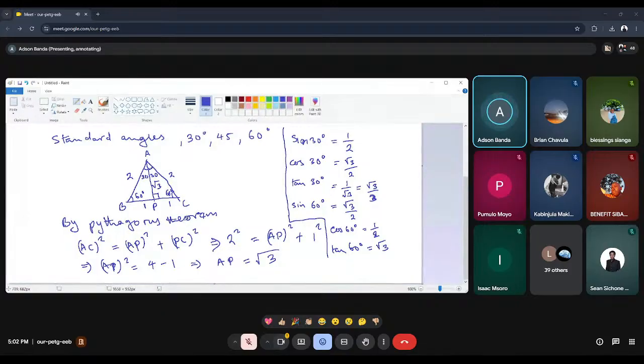Okay, so I have only 3 minutes on Zoom. So the next thing I want us to do is to look at the standard angle 45. So I'll just ask for a few more minutes for me to be able to do that, and then we can call it a day.